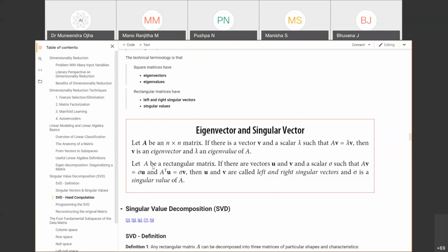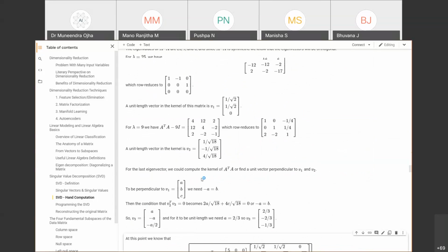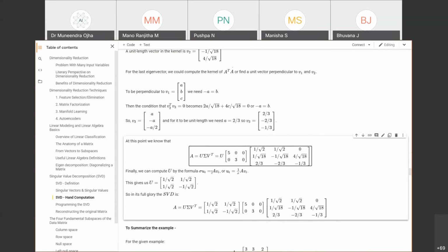Let A be a rectangular matrix; there are vectors u and v and a scalar sigma such that AV equal to sigma u. So sigma u equal to AV. If I have to find u, then I take this sigma down. So ui equal to 1 by sigma AVi.